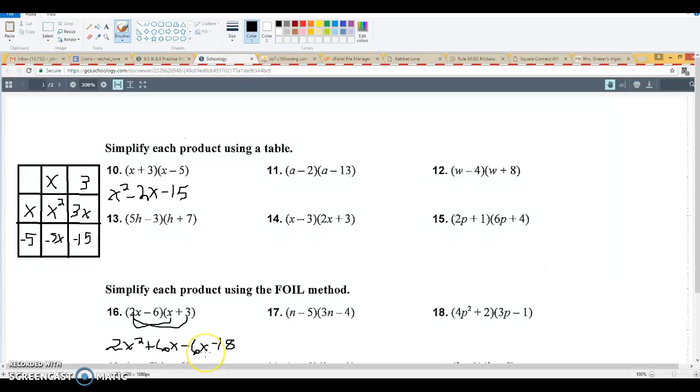The positive 6x and the minus 6x cancel out, so you end up with 2x squared minus 18. The FOIL method is really just a way to remember the distributive property for binomials, because you're still doing 2x times x, 2x times 3, negative 6x times x, negative 6x times 3. So it's really just the distributive property all over again, but it's easy to remember FOIL.